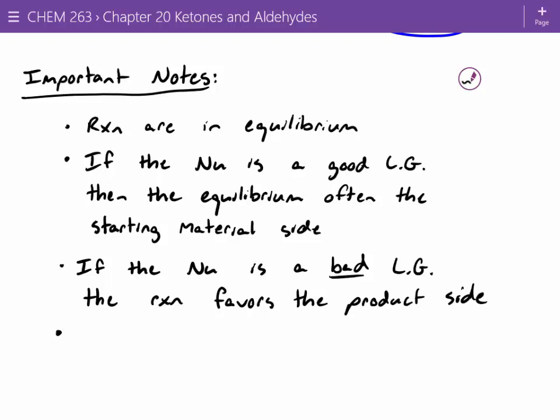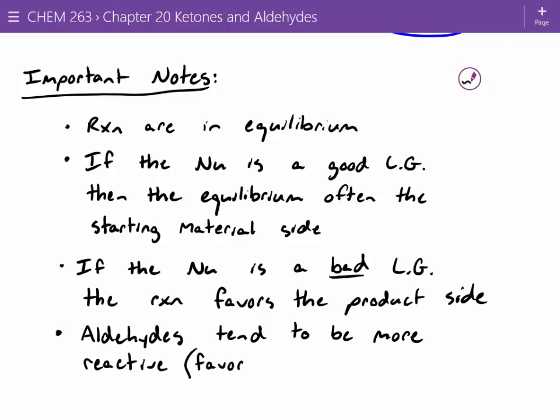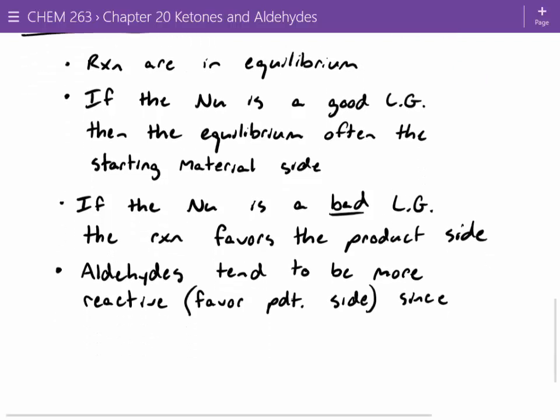So if it's an attack between a nucleophile and electrophile, if you have a less stable electrophile, it's going to favor that attack a lot more than if you have a moderately strong electrophile, since they are more electrophilic.